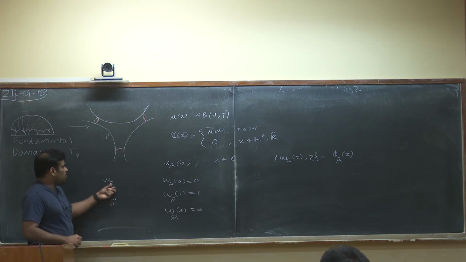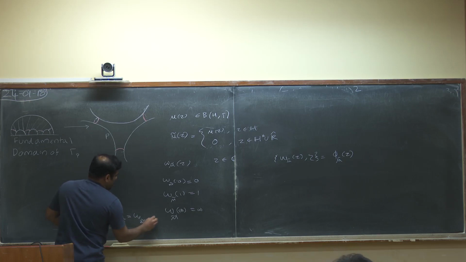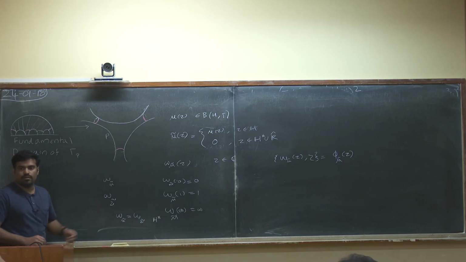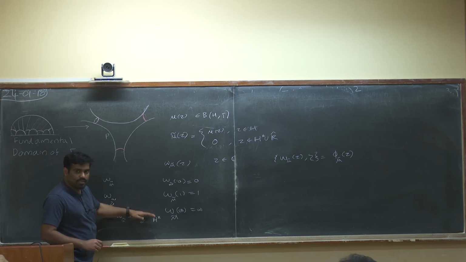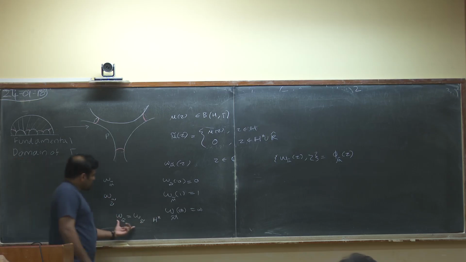Are they going to change it in the same way or not? If omega mu tilde is equal to omega nu tilde on the real axis, then it is also true that it is equal in the lower half plane. So this was the equivalence relation.